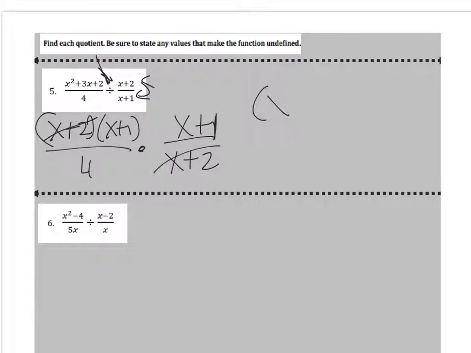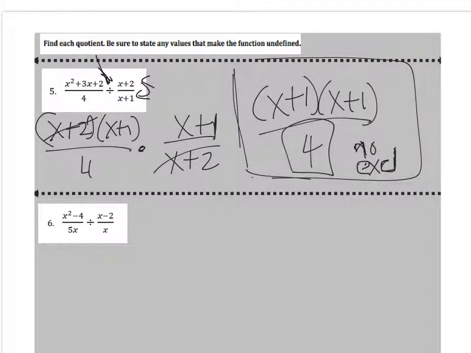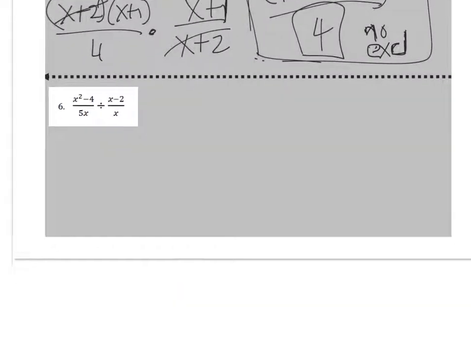On top, I'm left with (x+1)(x+1). On the bottom, I'm left with 4. So leave that as it is. There's no excluded values, because my denominator is always going to be 4, and that's fine.